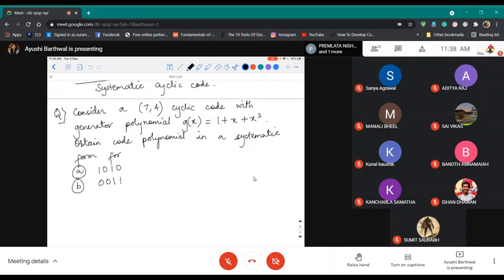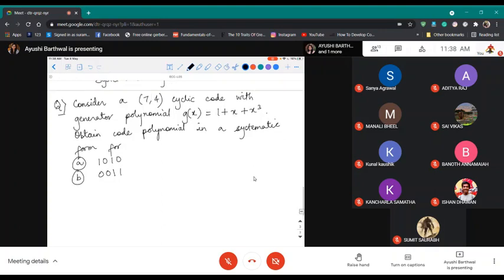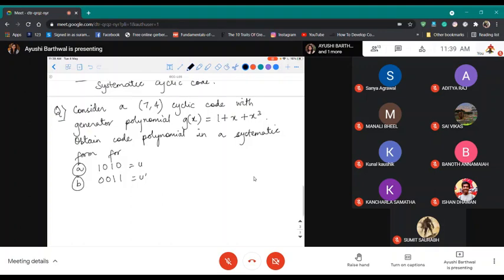For these two information vectors, take one as u and the other as u dash.